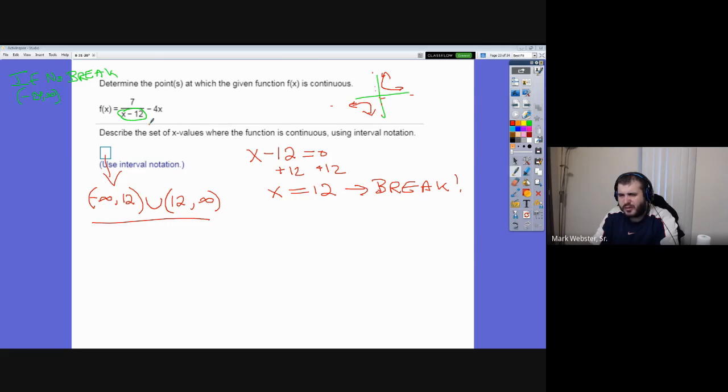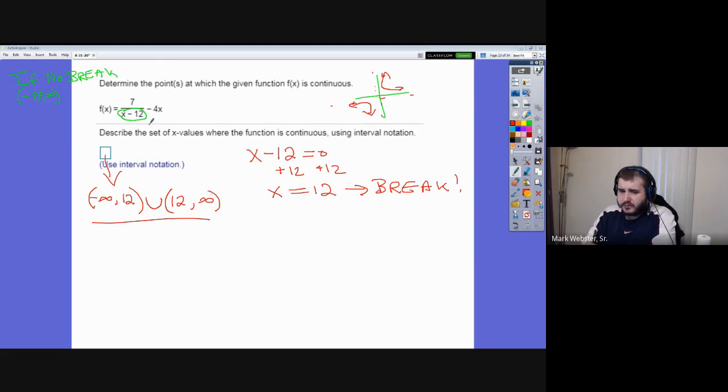If you're working with a logarithm and the number is 0 or below on the inside, then that'll make a problem. Or some of the trig functions. Hopefully you got a chance to look at those when you were being taught about tangent, secant, cosecant, and cotangent. Those ones have some dividing by 0 situations in them too. We'll talk about that as we go.